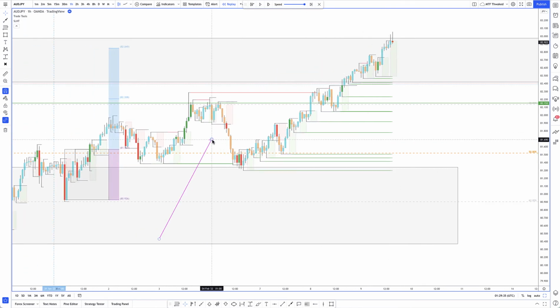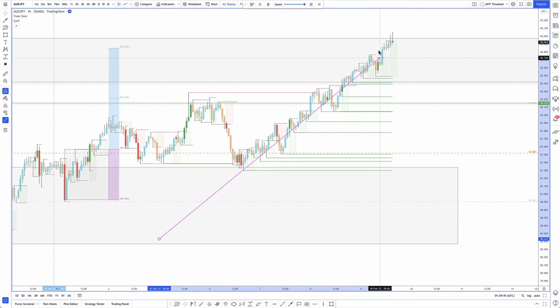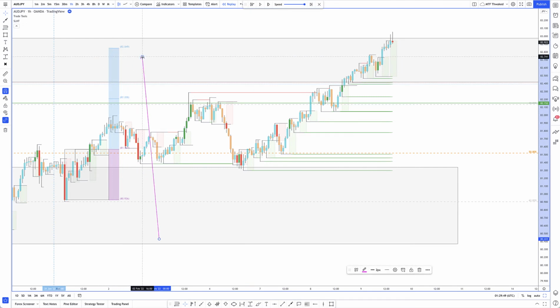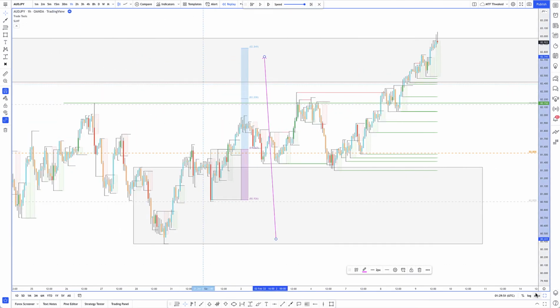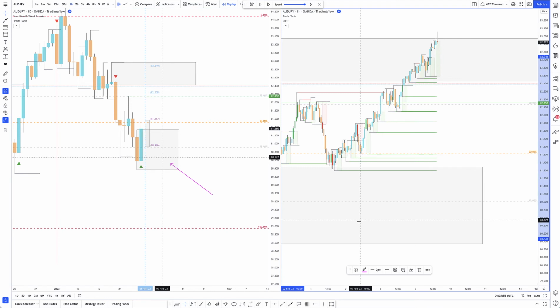And as you can see, without breaking our stop loss, the stop loss would have gone here, entry would have been here. We were able to hit the first target and the second target over here. So this is the way to evaluate a setup that we get on Discord.